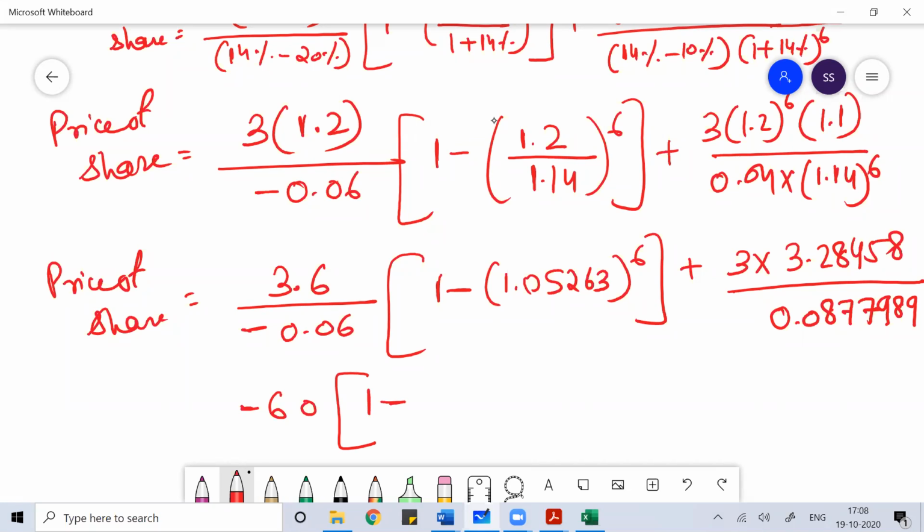This is 1 minus 1.360374, plus 3 into 1.2 to the power 6 into 1.1, which is 3.28458, divided by 0.0877989, that is 112.23079.